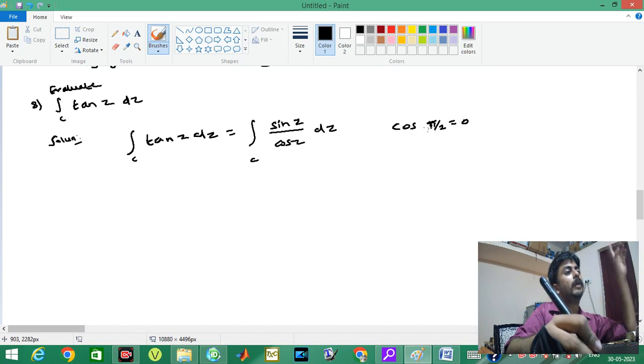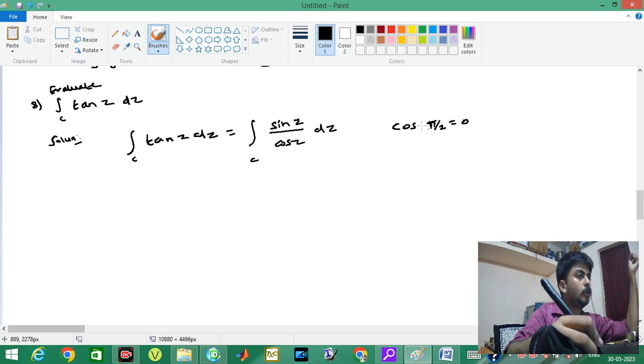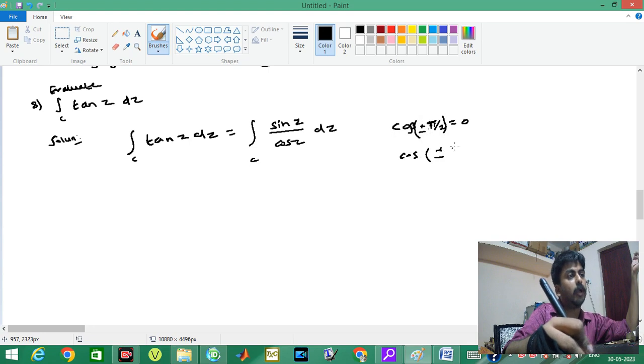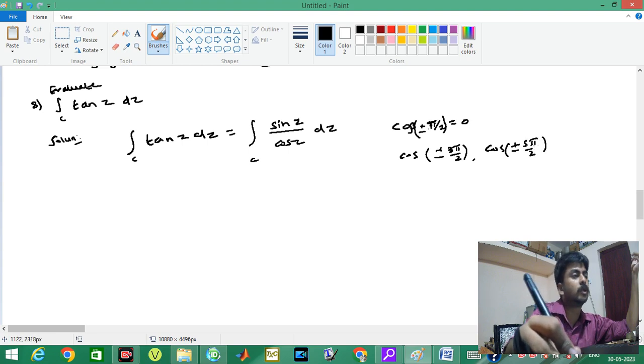But not only at pi by 2; for plus pi by 2 or minus pi by 2, for both we will get 0. For 3 pi by 2 also we get the same value, and for 5 pi by 2 also. So except at plus or minus pi by 2, 3 pi by 2 and 5 pi by 2, the given function is analytic.